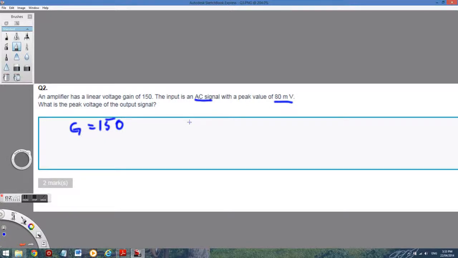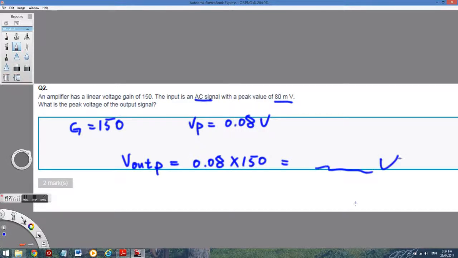So the input peak is going to be 0.08 volt. What's the peak voltage of the output? Again, the input times the gain will be the output. The output peak must be 0.08 times 150. Do some calculation and you get the answer.